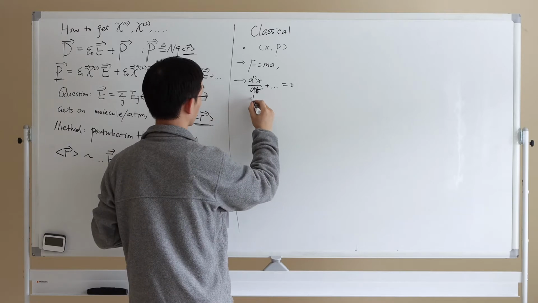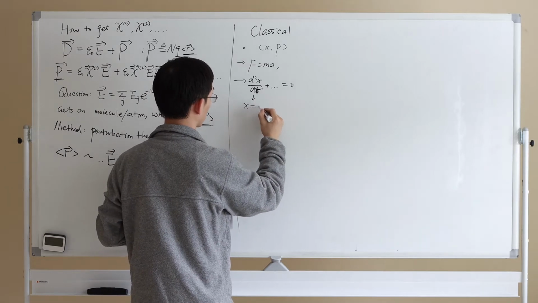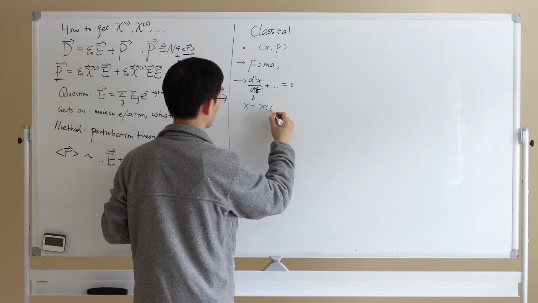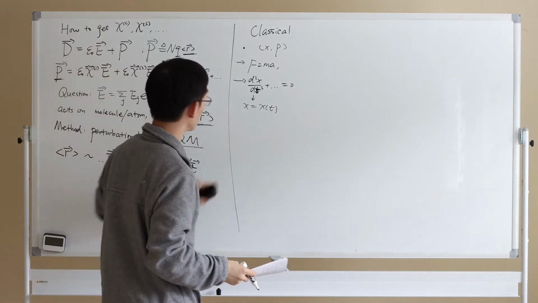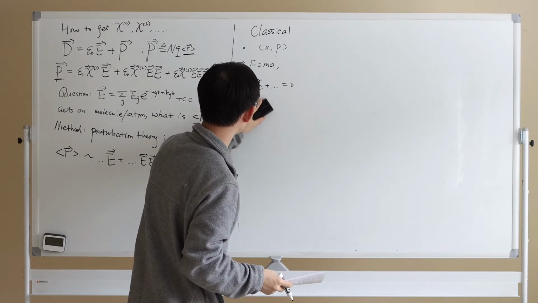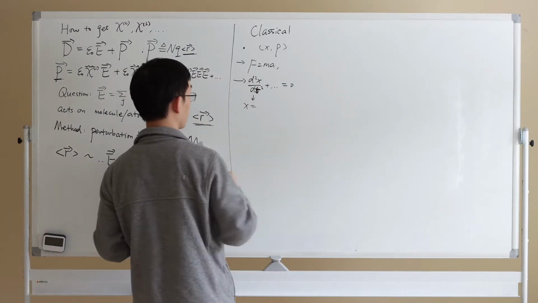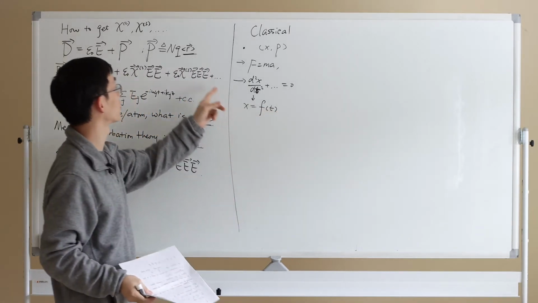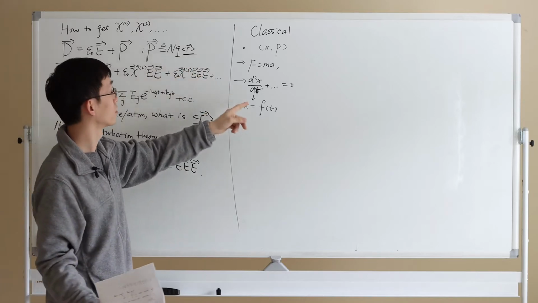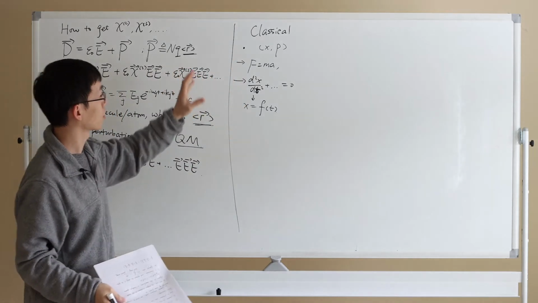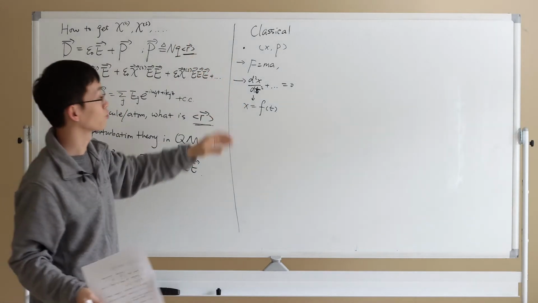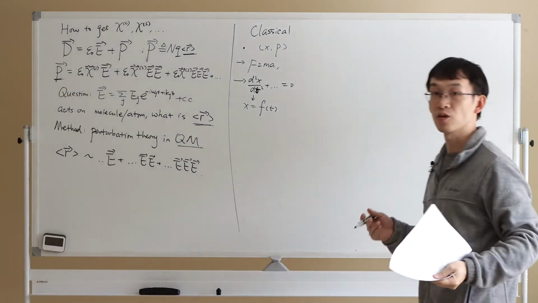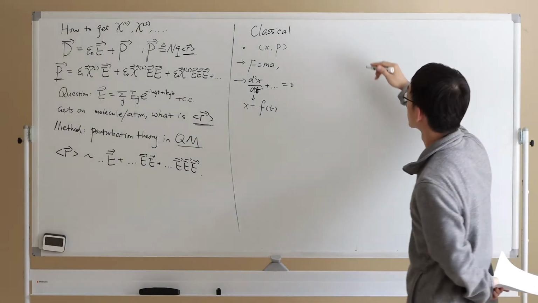And then you get your solution, x equals a function of t. Then you say, okay, I get the displacement of my electron. So this is how classical mechanics works. And unfortunately, in quantum mechanics, this simply doesn't work.